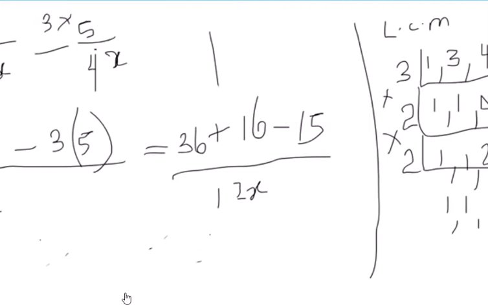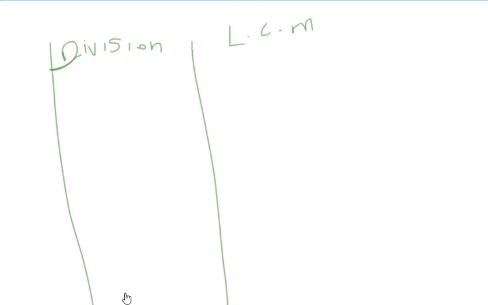As you can see, we have numbers in our numerators and we can work them out. So we can say 36 plus 16 minus 15 is going to give us 37 over 12x. Excellent.